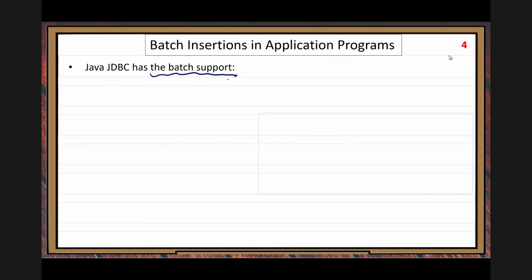But in PHP, there is no batch support, so we need to write our code to do it in the batch way. The batch support is the format and the preparation, so you can use the language support. If you do not have the language support, you just write the format explicitly. You can still do it. So here, let's look at batch support.